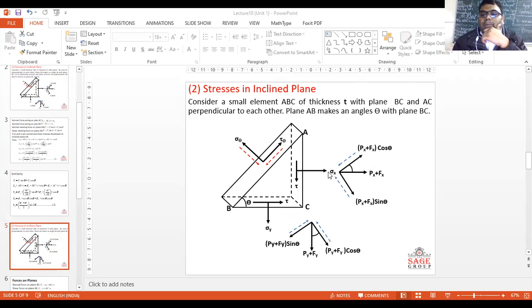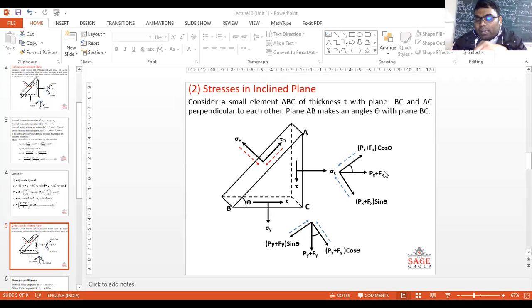Look, this sigma is produced by this Px when you apply this normal force. And this shear stress, which is acting on plane BC, is produced because of a tangential force acting on this plane BC.